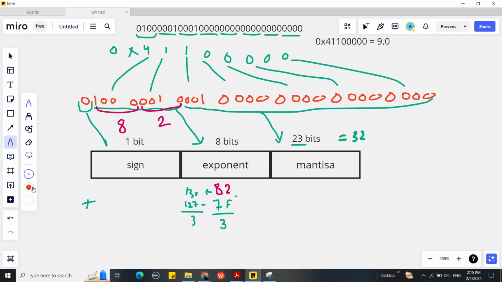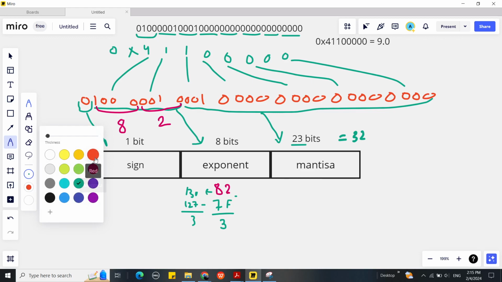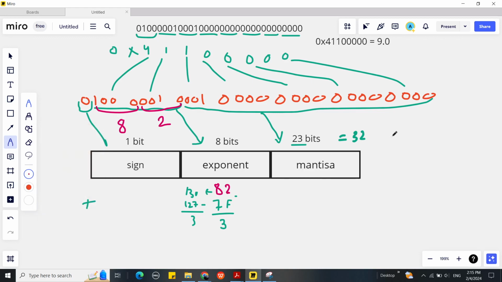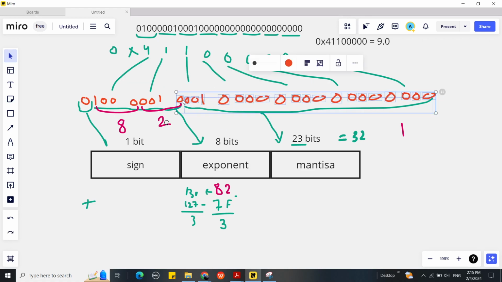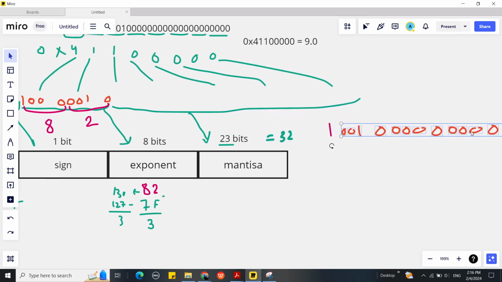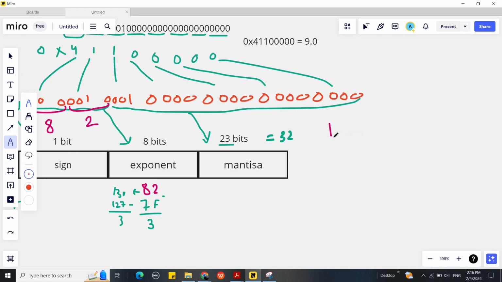Okay, next, and you need to keep this in mind because it's very important. Before you take the mantissa and break it down, you need to write 1 point, and then take your whole mantissa, which is all these numbers without this and without this line, and put it after the dot.